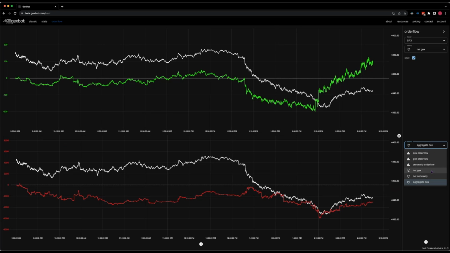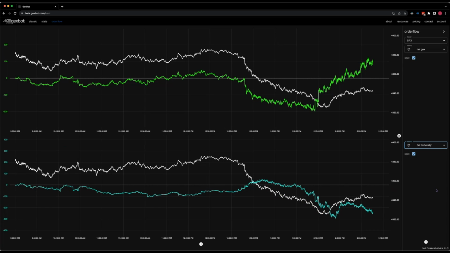Let's move on, and then I think we only have one left, which is net convexity. So net convexity is similar to net gex in how we're calculating it, right? But as opposed to calls versus puts, we're measuring the state of positions that are long gamma and subtracting positions that are short gamma, right? So as people are looking for more convexity, as that builds over the day, we can see that.